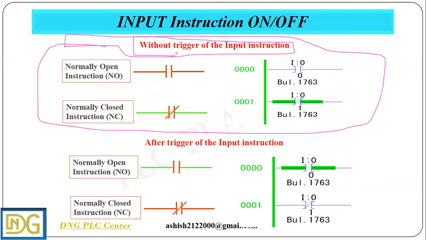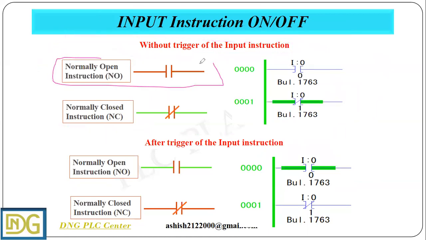This is the symbol of a normally open instruction, and when we make a program in PLC software, it will look like this. When we go to run mode, the left rail is energized and current flows, but without pressing it will not transfer the signal to other instructions.